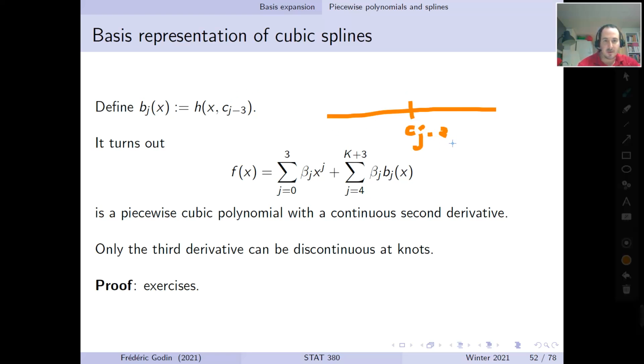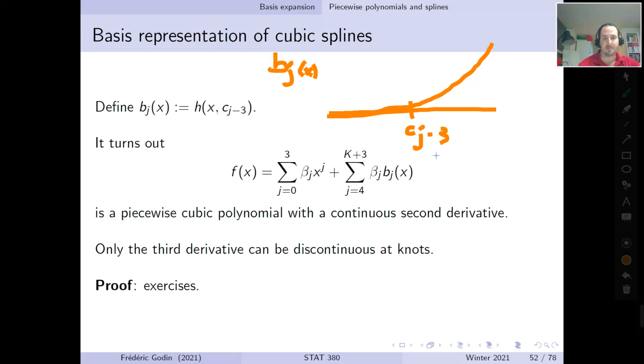So b_j(x) varies like this. This is c_{j-3}, and this is b_j(x). We can see that b_j(x) just adds a third order polynomial to the right of the knot c_{j-3}.